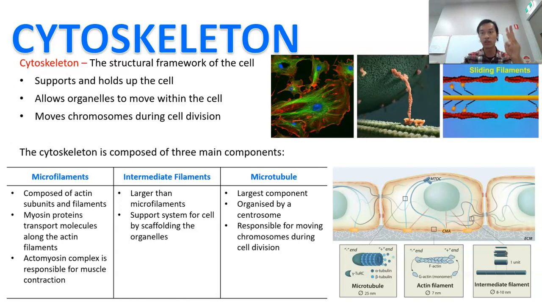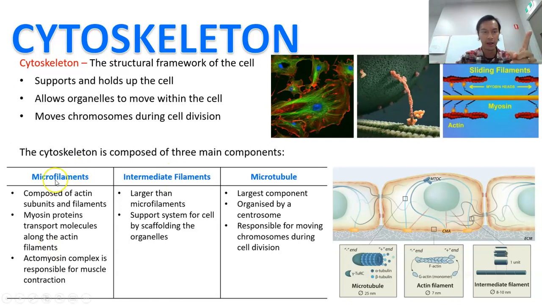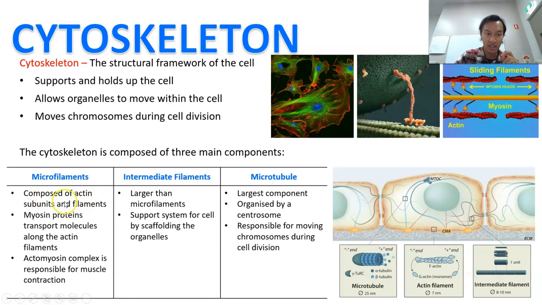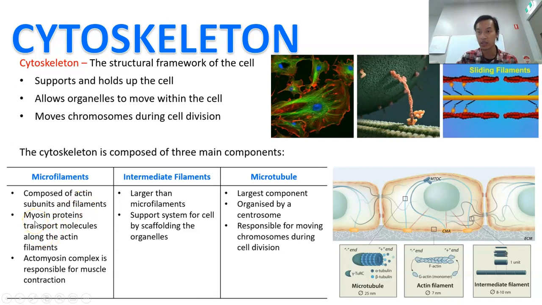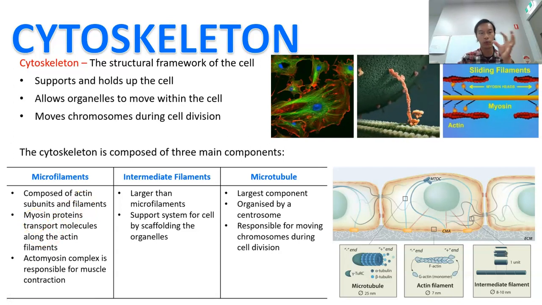There are three main components. You either have the microfilaments, the intermediate filaments, or the microtubules, right? Microfilaments are composed of small actin subunits and filaments, right? This little string there, that's an actin filament, and then it also contains what we call myosin proteins that transport molecules along these actin filaments, right?